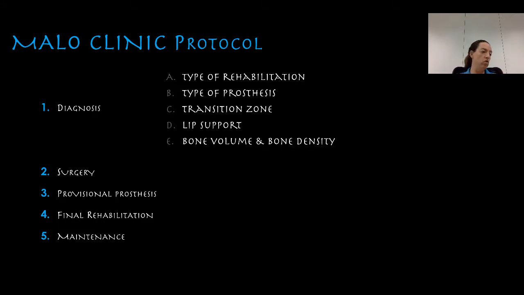We need to understand what type of rehabilitation we are going to provide our patient with, what type of prosthesis. Because of the type of prosthesis, we have to be aware of the transition zone and the lip support. We have to check the bone volume and bone density, and after having all this diagnosed, we go into the surgery. Then we have the provisional prosthesis, final rehabilitation, and of course the maintenance.